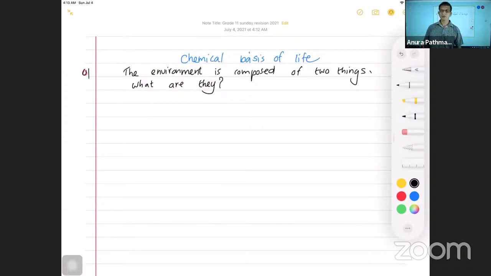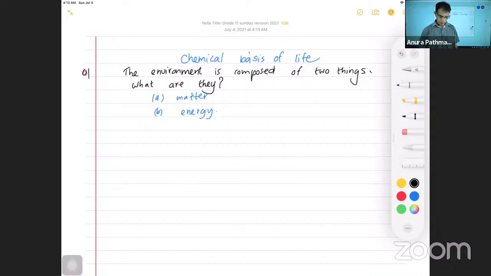What are the two components that the environment is made of? The answer: matter and energy. Matter and energy. So, when we think of the chemical basis of life, the matter has to be considered.